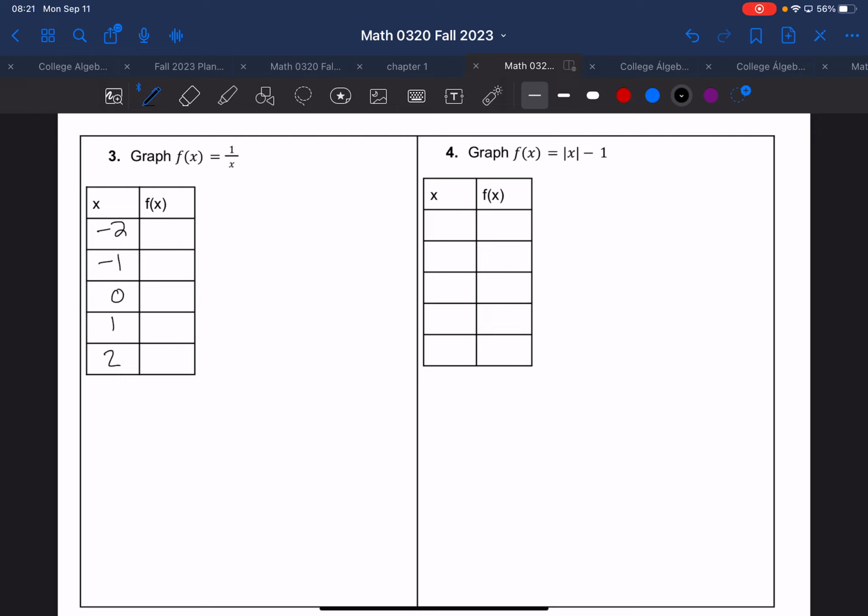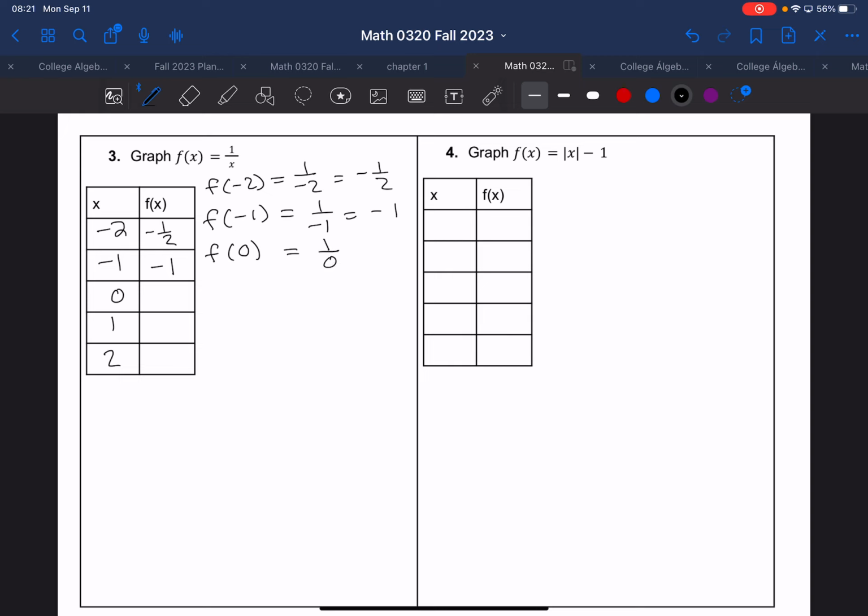in for my function of 1 over x. So f of negative 2 gives me 1 over negative 2, which is negative 1/2. Same with that negative 1, I get 1 over negative 1, which gives me negative 1. f of 0 is equal to 1 over 0.